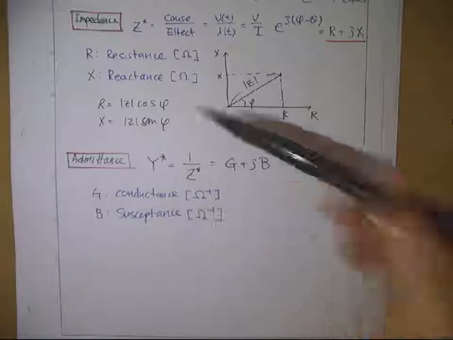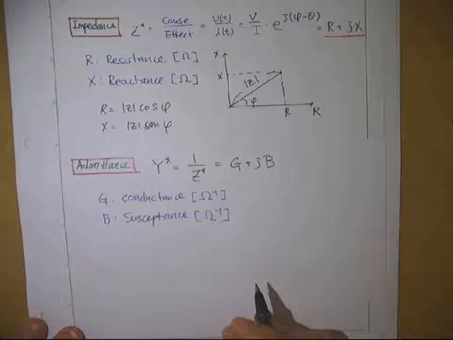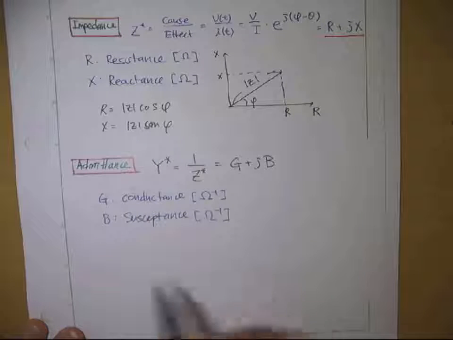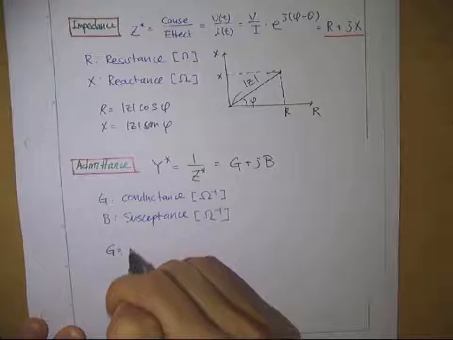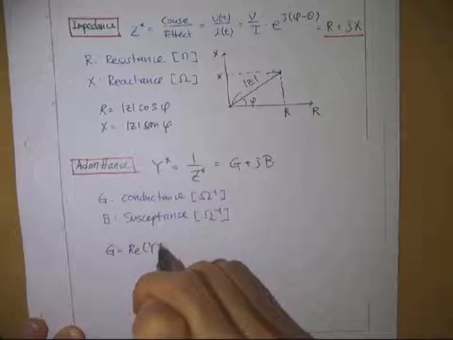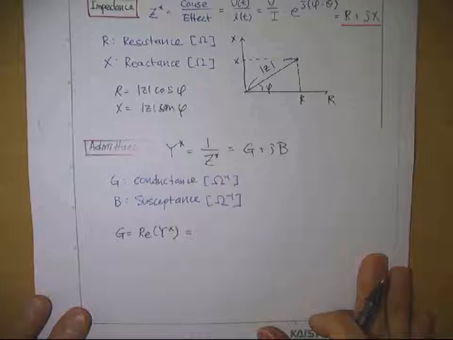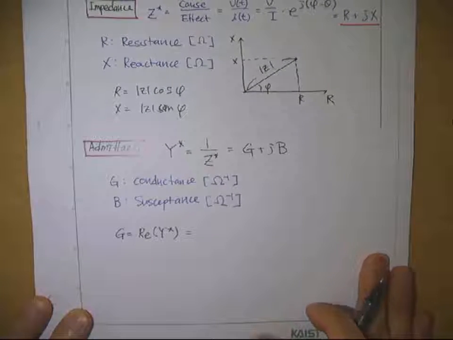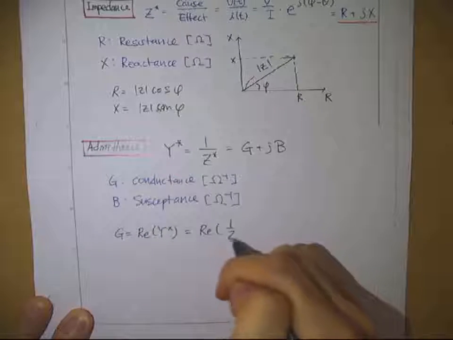Then how can these two be related? Let's find the real value, the conductance G, first. So conductance will be the real value of the admittance Y, and this is 1 over Z star.